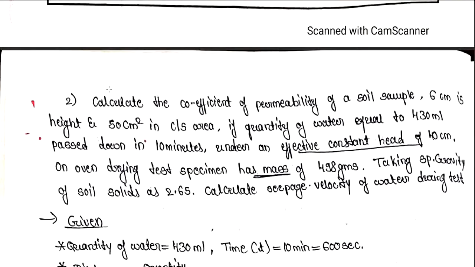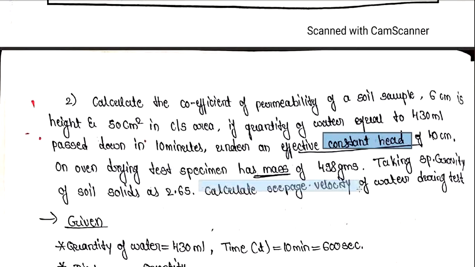So next example, you can see, calculate the coefficient of permeability of soil sample. 6 centimeter is the height, 50 centimeter square is the cross sectional area. If quantity of water equal to 430 ml passed down in 10 minutes under an effective constant head of 40 centimeter on oven drying specimen, test specimen has mass of 498 grams, taking specific gravity of soil sample as 2.65, calculate the seepage velocity of water during the test.